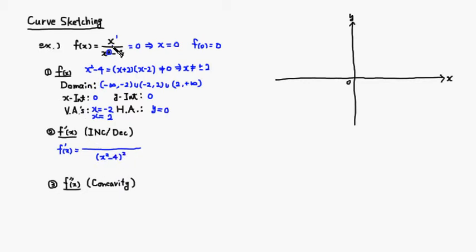The derivative of the top is 1 times the bottom, which is x squared minus 4, minus the top, x, times the derivative of the bottom, which is 2x.